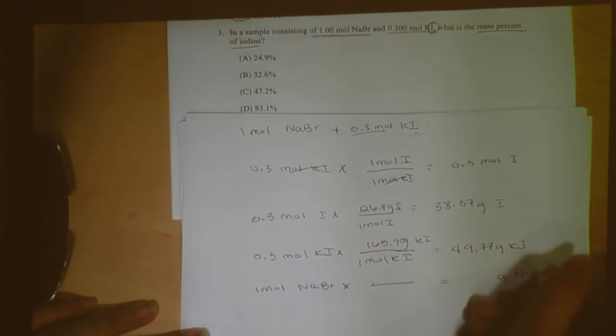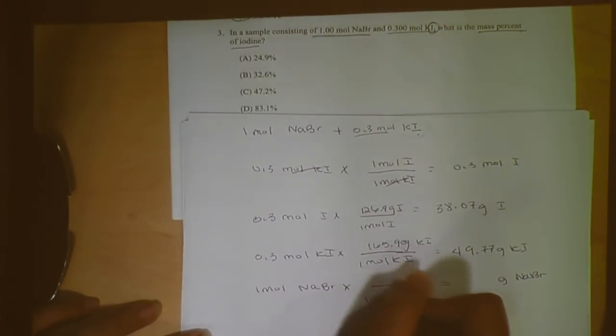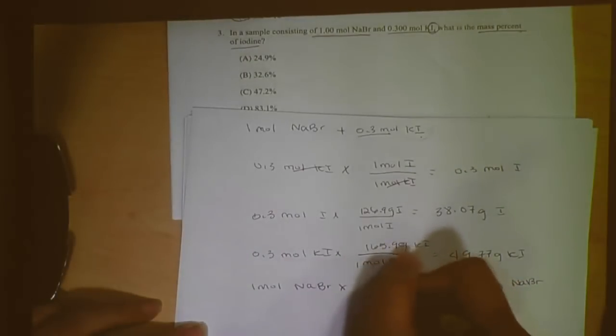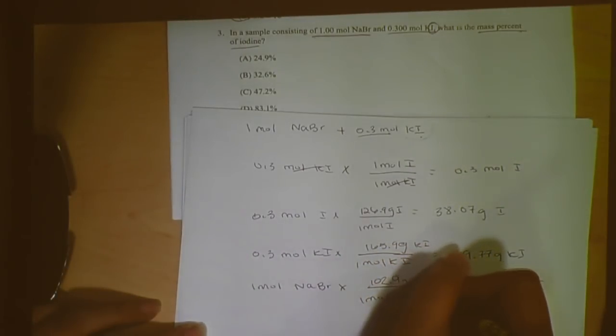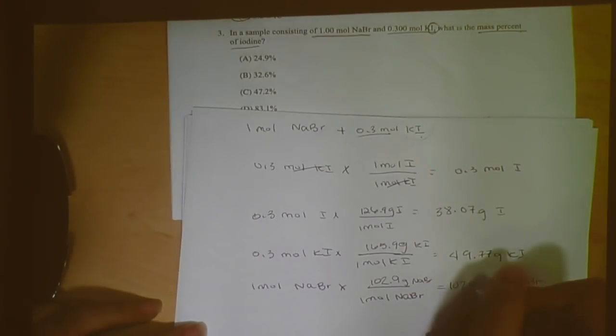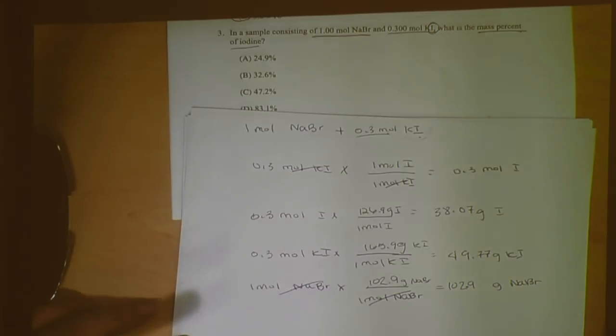So I'm going to do the same thing. 1 mole NaBr, and the molar mass of NaBr is 79.9 plus 22.98, or 23. So 102.9 grams NaBr. So I also have 102.9 grams NaBr because it's 1 mole. It's a 1-to-1 ratio.